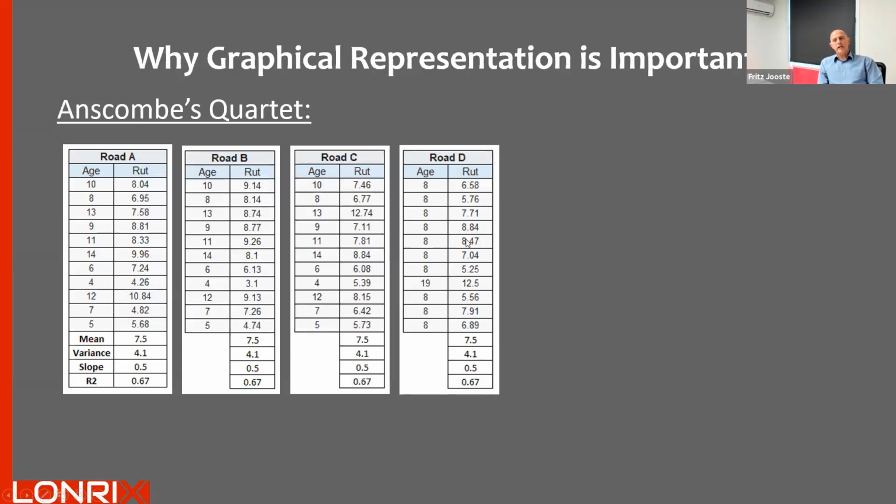So if you're only looking at your data in a spreadsheet as numbers, so you've got one section and another section, you may be inclined to think that these 4 sections deserve exactly the same type of treatment or the same priority, because your numerical statistics all look the same.